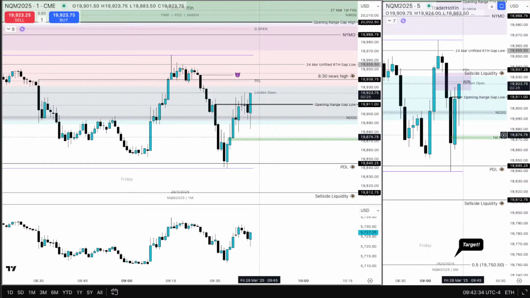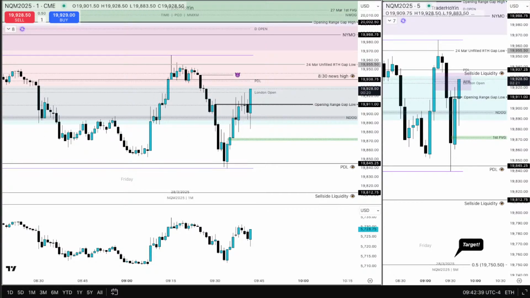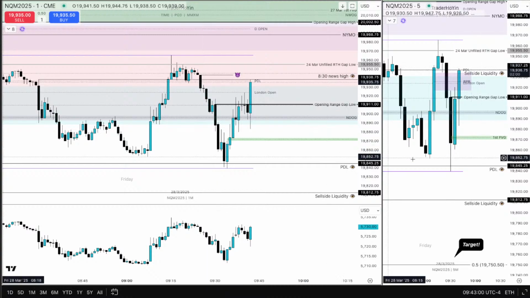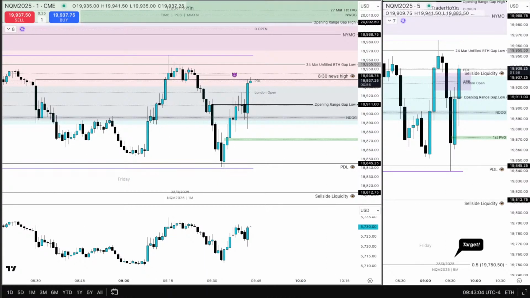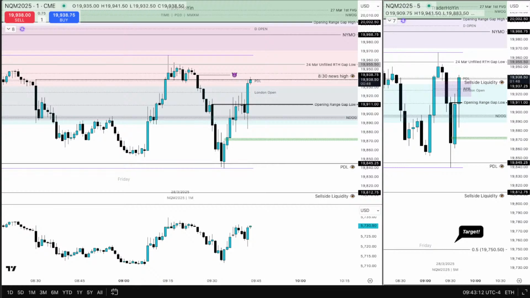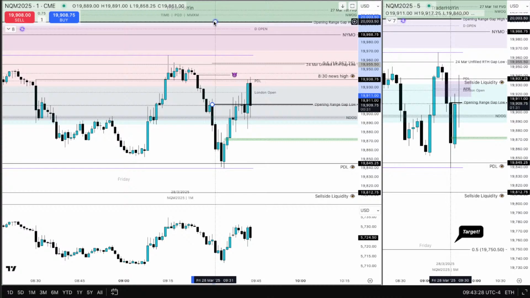It's going higher. Devil's mark 925. Watch out for the gap midpoint. Whoa.